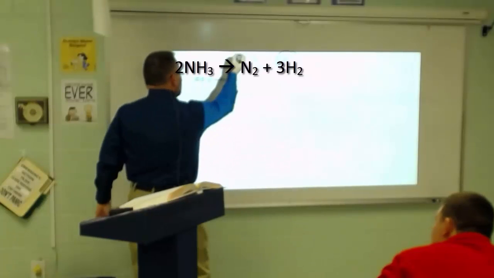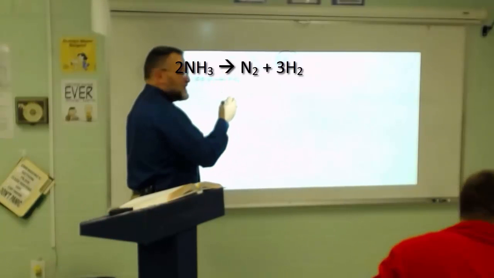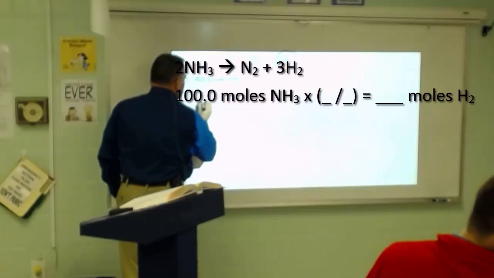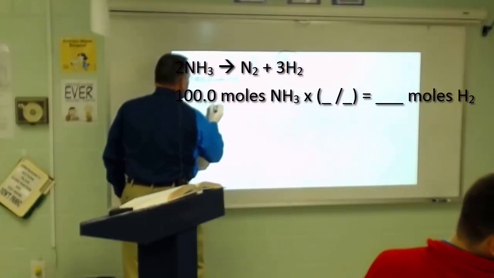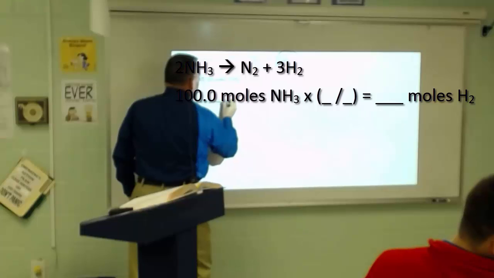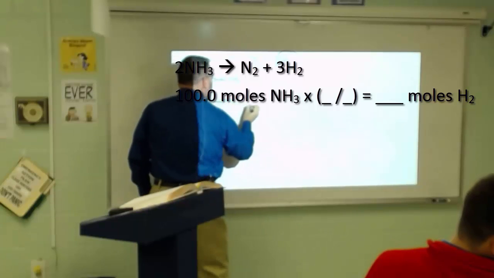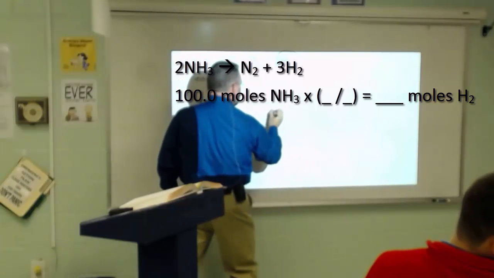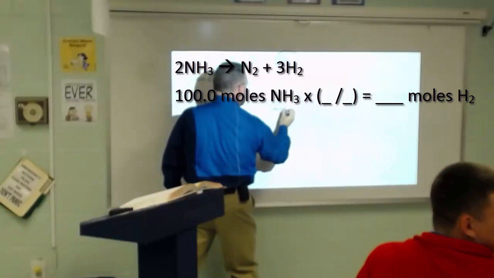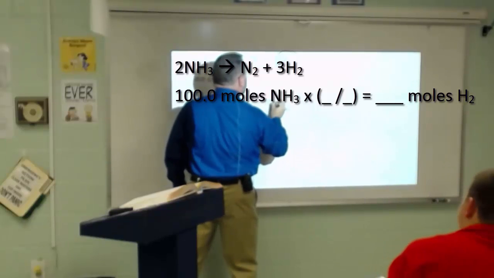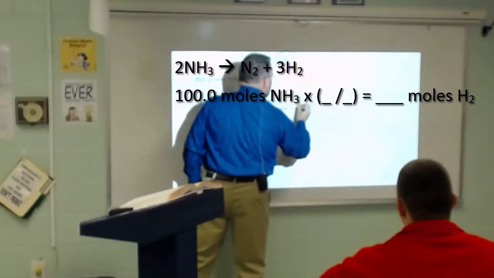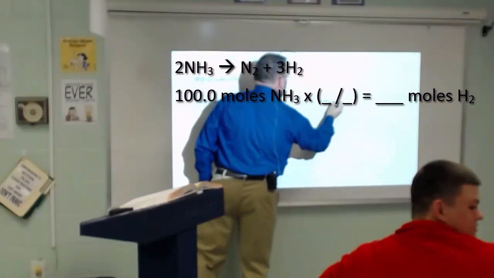So, here we go. If I've got 100 moles of NH3 times something that's going to relate moles of NH3 to moles of H2 equals moles of H2.